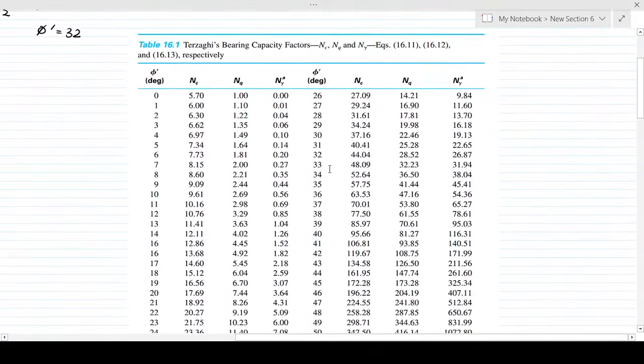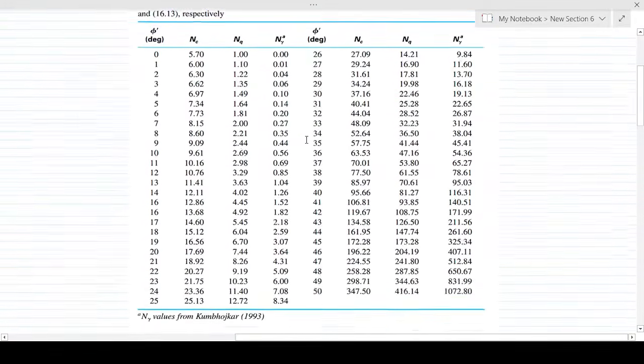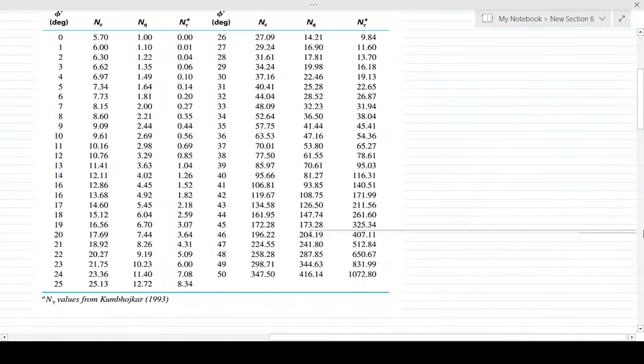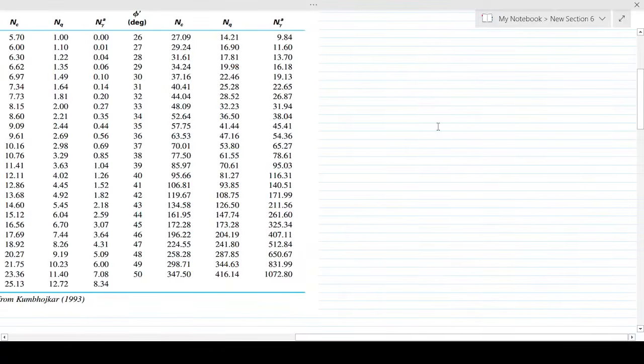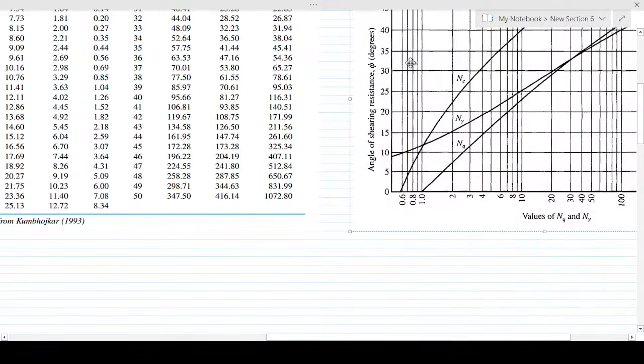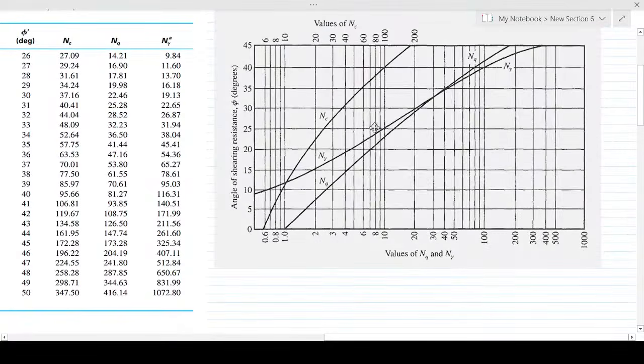This chart, you find your Nc and Nq values. You can also have the graph. In a situation where they don't give you the chart, they will give you this graph, where you just trace.